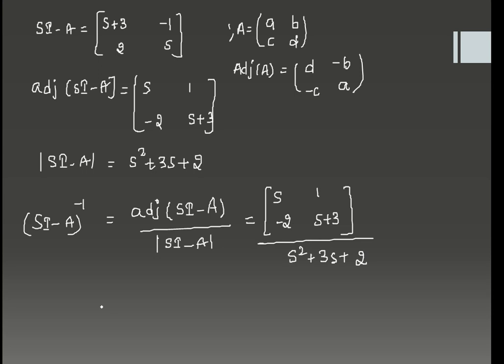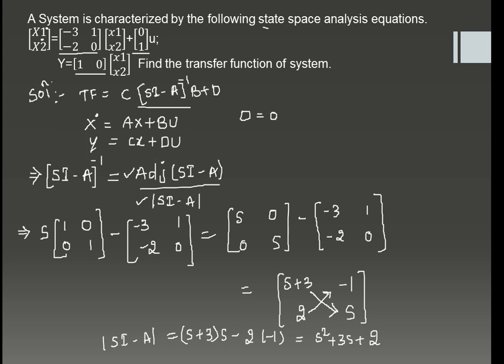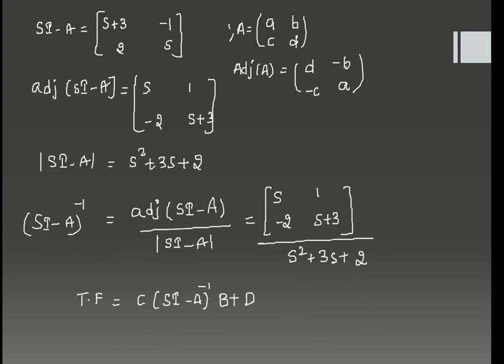Now we have to find out the transfer function. The transfer function is C into (SI minus A) inverse, multiplied with B plus D. Substitute all the values. C is [1 0], B is [0 1], and we have already calculated the (SI minus A) inverse.